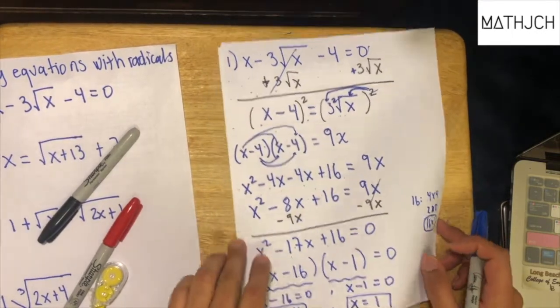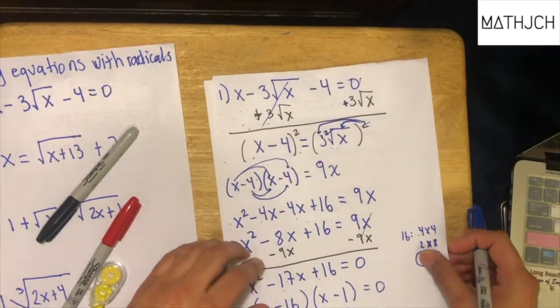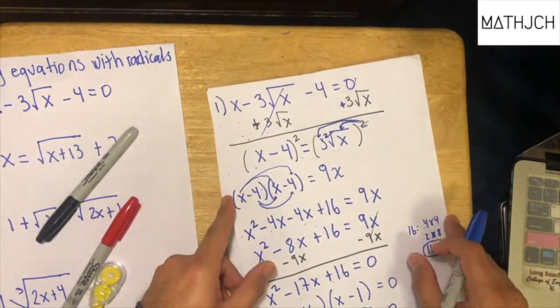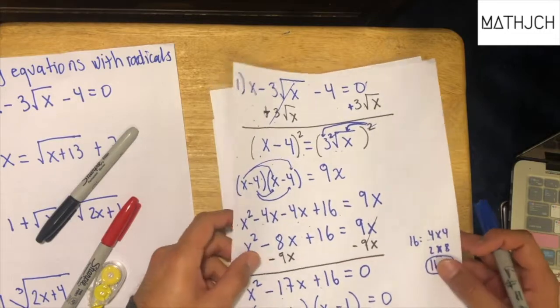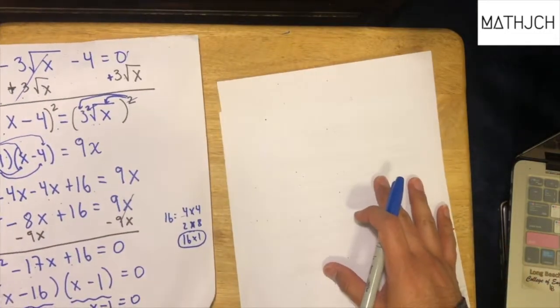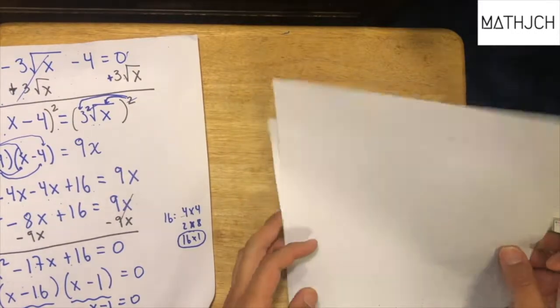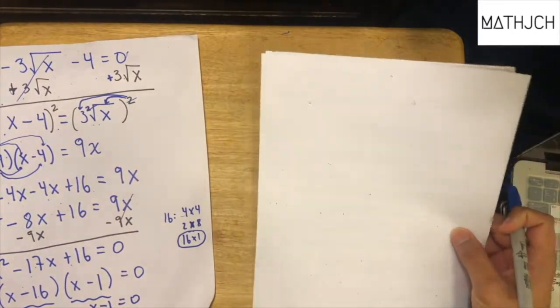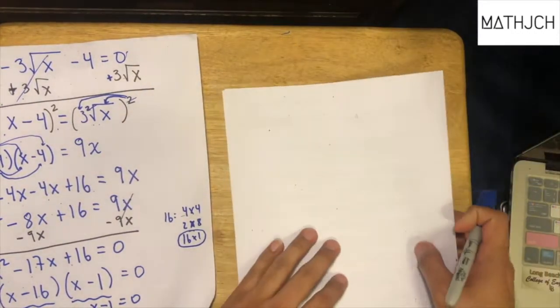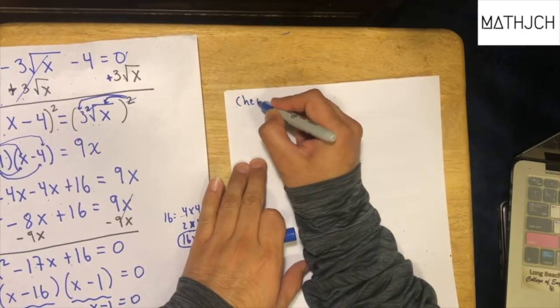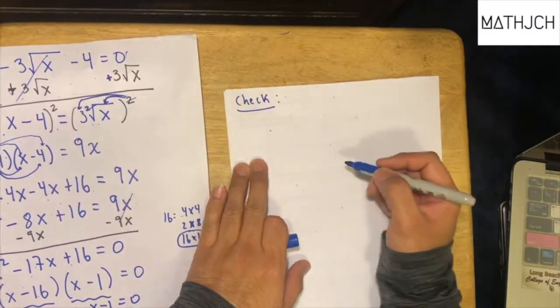Now, those are supposed to be our two solutions, but be careful. Here is when we need to do an extra final step. Our final step is going to be the checking step. We need to check if these two solutions are correct, because sometimes only one of them could work. So let's check both solutions.